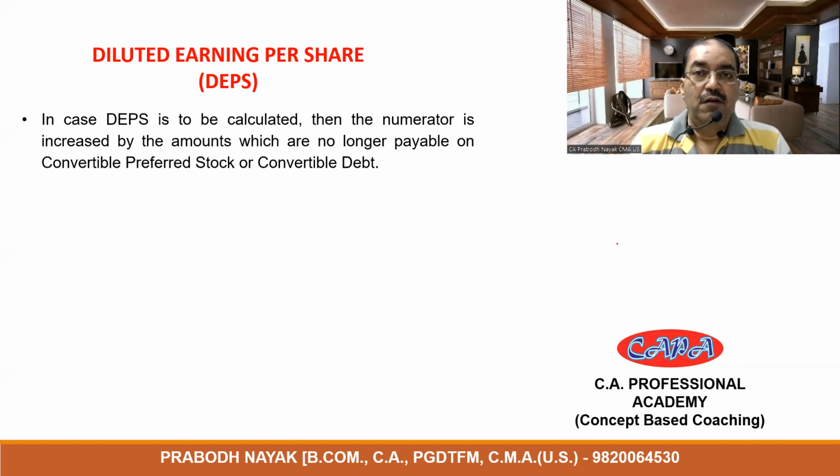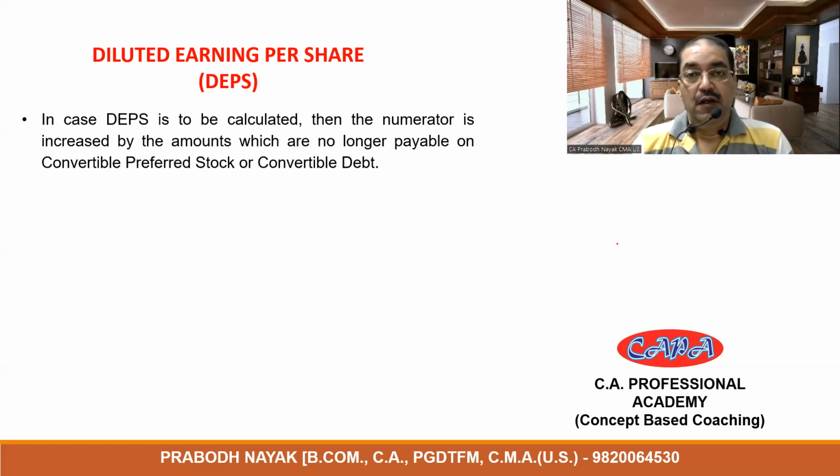In that case, the interest that was payable on the bond earlier is no longer payable now. So that will increase my profits, that will increase my net income available for common stockholders. So my net income will also increase by the amount of interest payable on those convertible bonds, but net of tax.